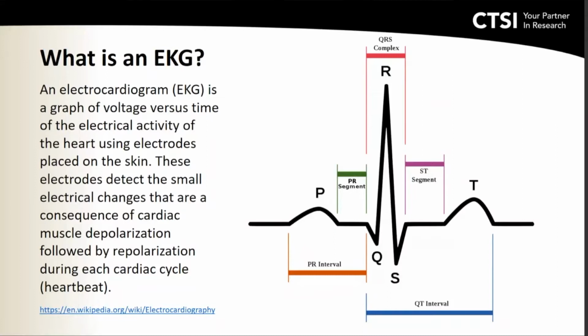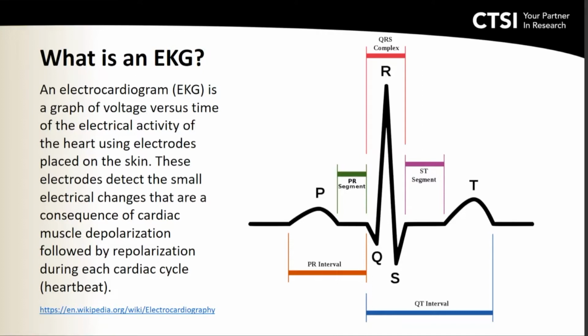It can be infiltrative diseases or even inflammatory diseases. These electrodes detect the small changes that are a consequence of cardiac muscle depolarization and repolarization during each cardiac cycle. And you see here one segment of each cardiac cycle and the corresponding electrical signals that we detect in an EKG.